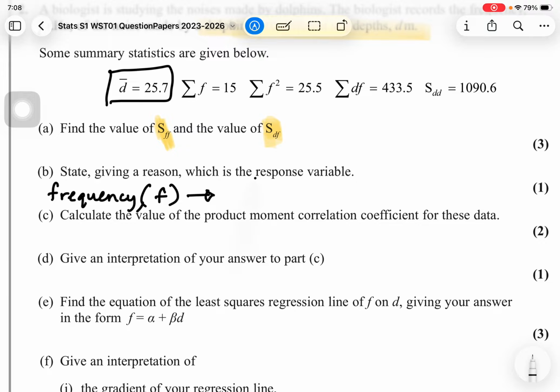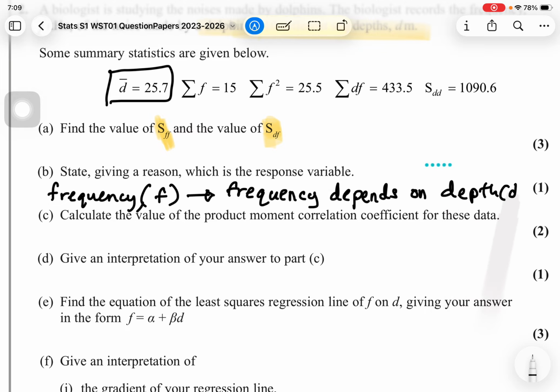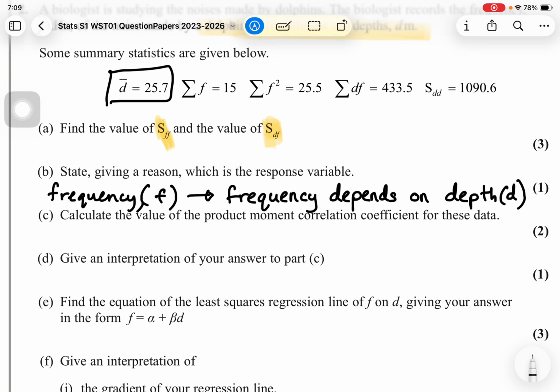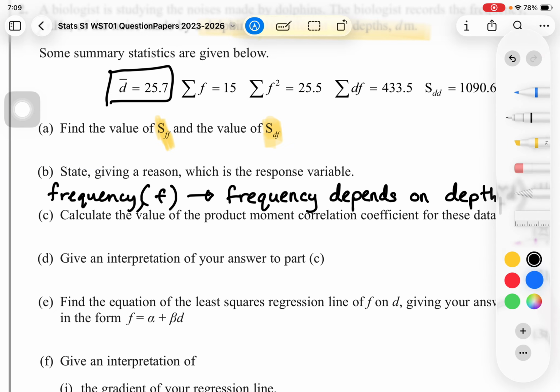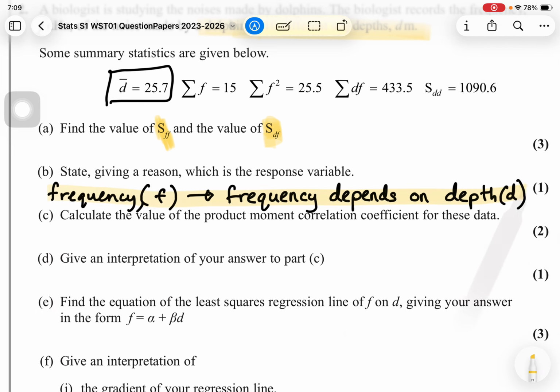Reason is frequency depends on depth, D. This is what happens. And this is important information that can actually be asked in any paper, in any scenario, so let's make sure we highlight such parts.